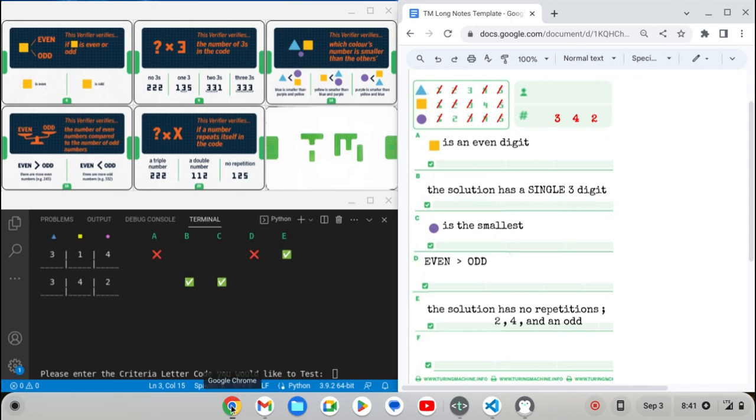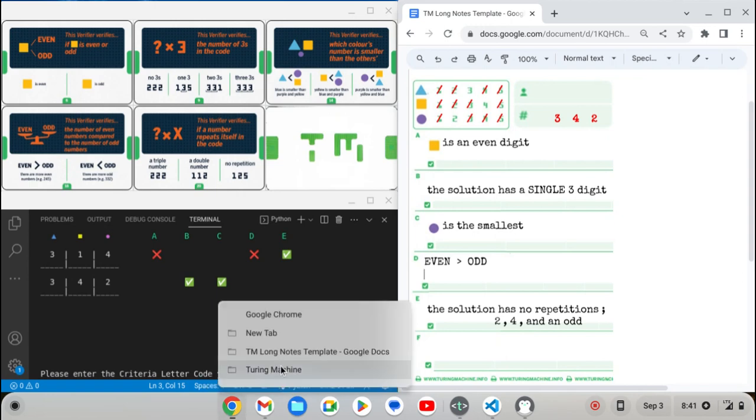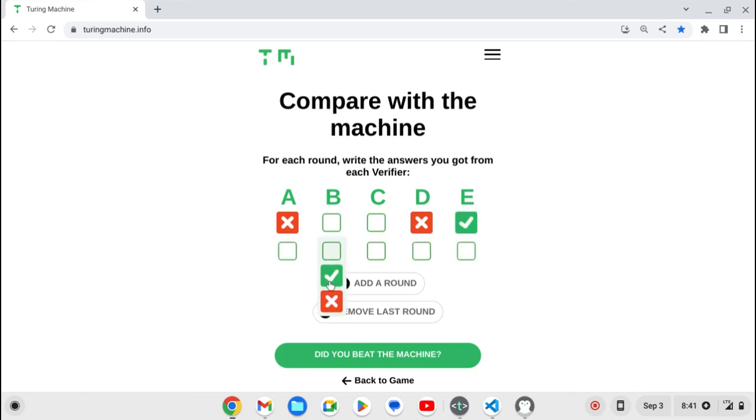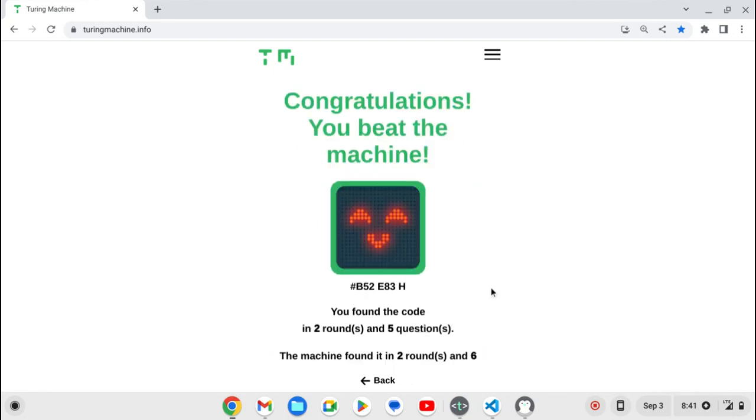So let's go type that up, A, D, E. So again, A and D were both incorrect. E was correct. And in the second round we did B and C, and we did get the right proposal. Okay, so fantastic. So we beat the Turing machine by 1 question.